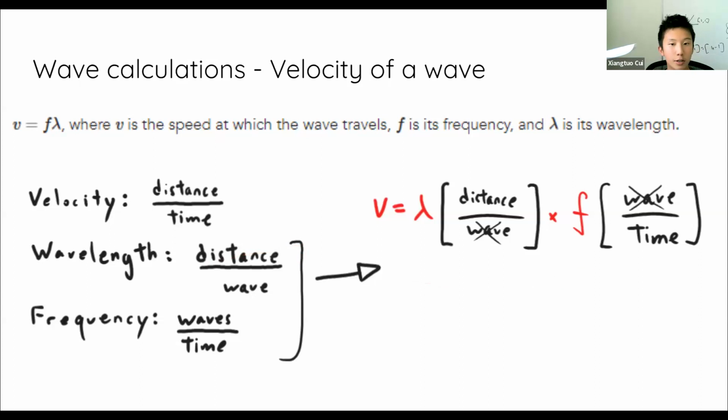So we can use unit analysis to find out that when we multiply distance per wave by waves per time, we can cancel out the two waves and get distance over time. And that's how scientists figure out this velocity equation. So remember, velocity of a wave can be calculated by multiplying wavelength and frequency.